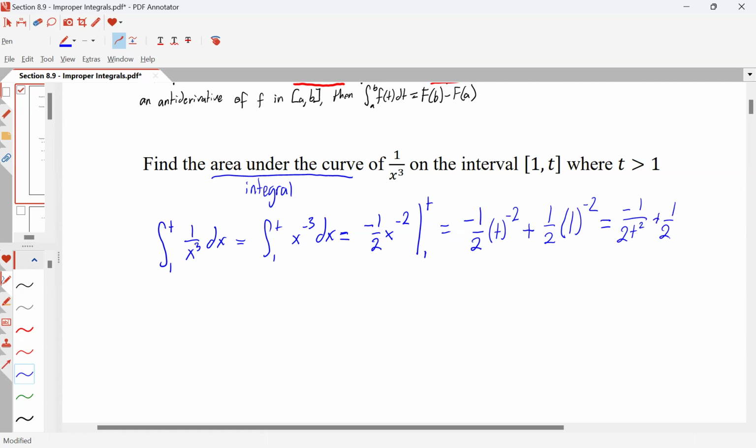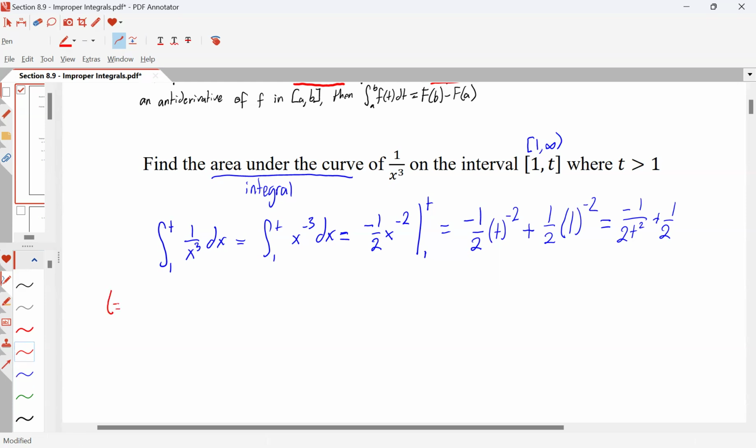Well, the first question we're trying to ask is, what if I didn't have a finite interval? What if my interval was, say, 1 to infinity? This idea is telling me that I could put in larger and larger values of t, and I would get closer and closer to the interval 1 to infinity.